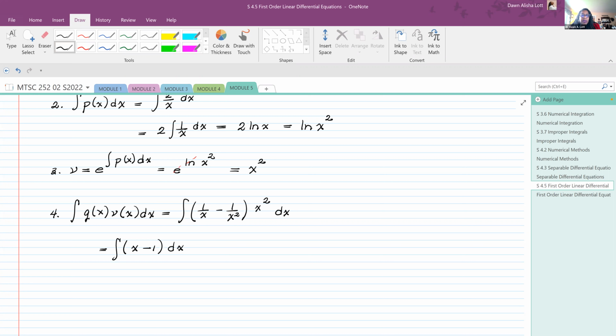Devin, you see that? Okay. 1/2 x squared. Got to use the power rule on x. 1/2 x squared. The integral of minus 1 is x. And then I get a constant.